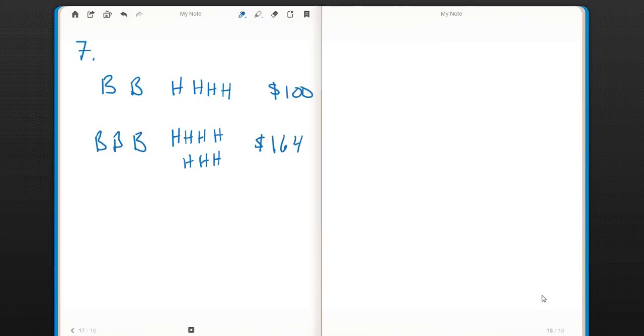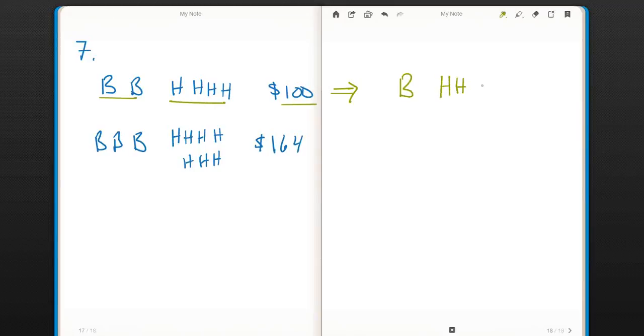It doesn't quite break out that way, but you can change the proportions of the numbers. If I can buy 2 bags and 4 hats for $100, then I can buy 1 bag and 2 hats for $50. That's the logical leap you have to make.